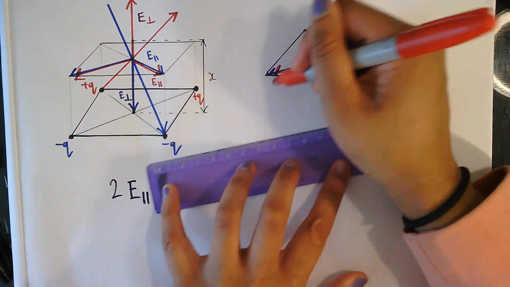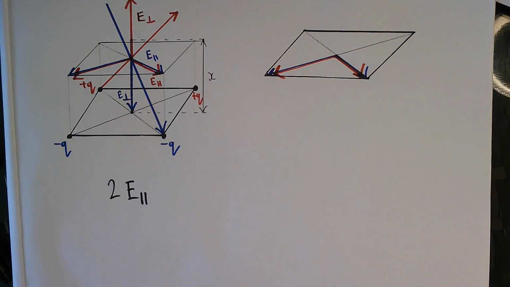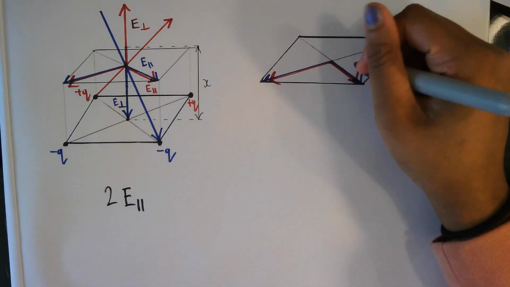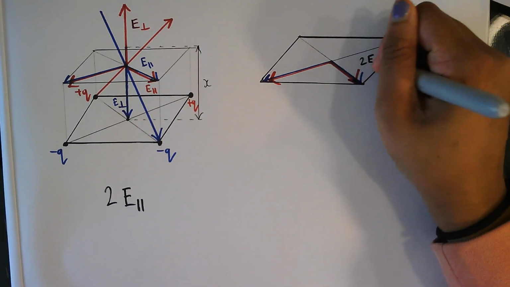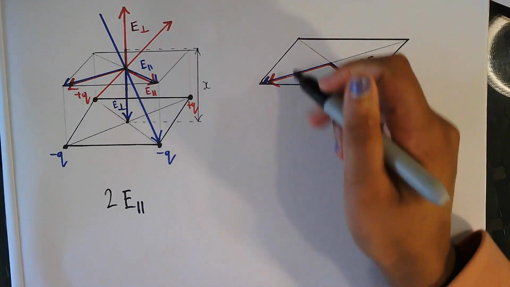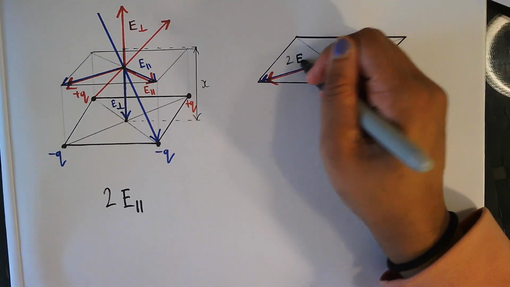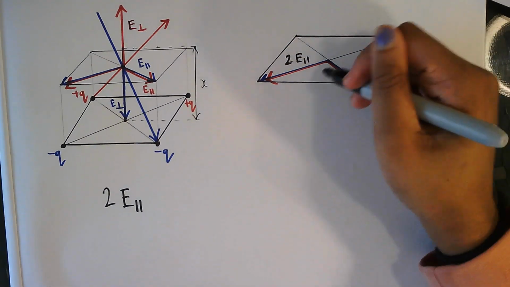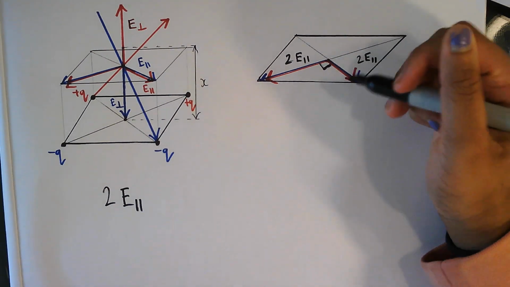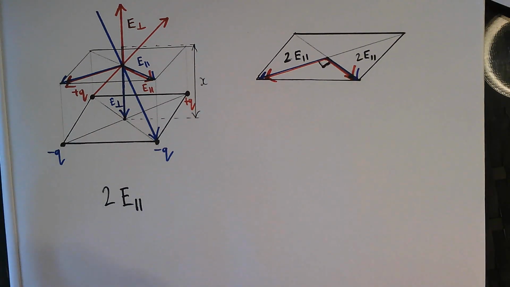And you can see that they are in the same direction, so they add up. So I basically just have a 2E parallel in this direction and also a 2E parallel in this direction, and we know that they are perpendicular to each other. That's a right angle because that is a square.